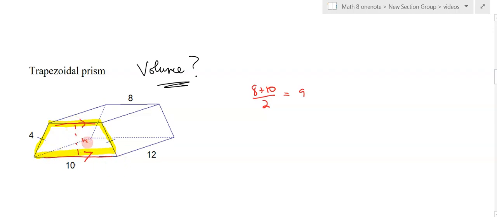We don't know the height, but we do know this is an isosceles trapezoid, meaning those two sides are the same. So I can create a right triangle here, and I can create a right triangle on each end. Knowing that this is 8 and this is 8, each one of those sides is now 4. So I can find the height using my 4 hypotenuse, 1 base.